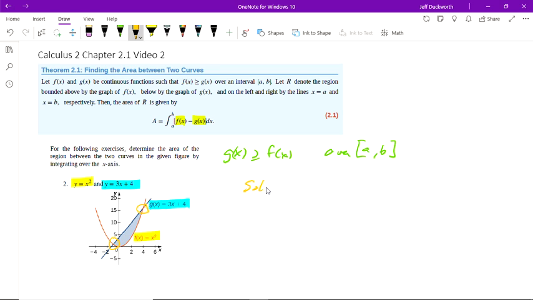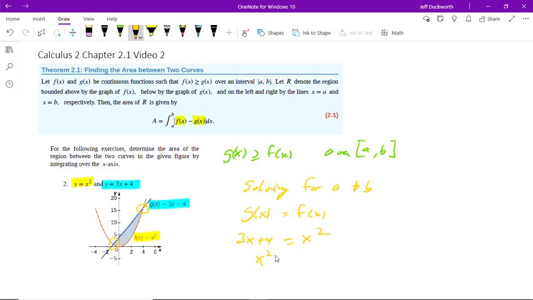So we're solving for a and b by letting g of x equal f of x. Our g of x here is 3x plus 4, and that has to equal x squared. Now we're going to use a little bit of algebra, move everything over to one side, and solve for x.